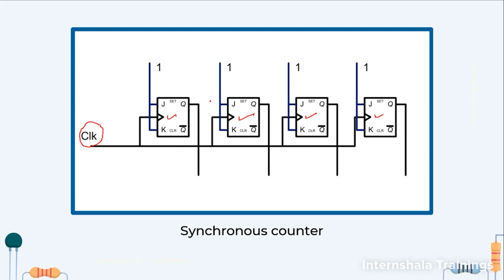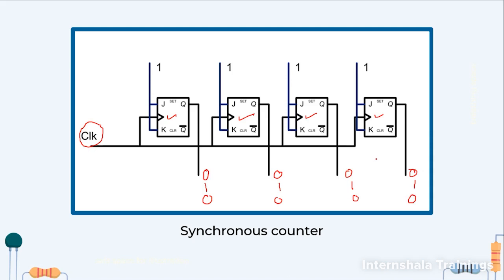I have just shown you the block arrangement, because if I consider this as my counter, then this counter is going to give me 0 0 0 0 1 1 1 1. That's all. Again it will give me 0 0 0.